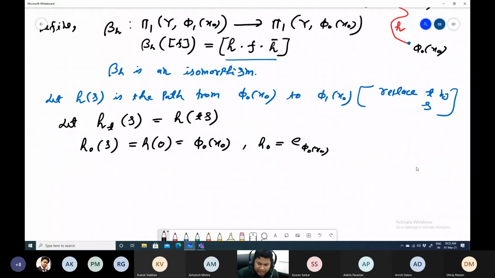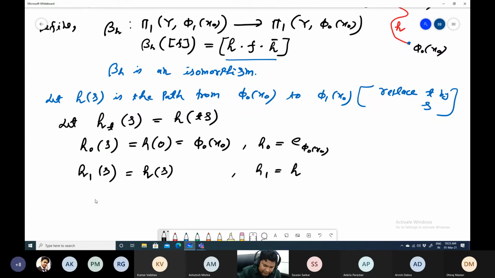That is not h0 of s, it is h0. Now what is my h1 of s? Now h1 of s means you can see that it is h of s. So that means h1 is equal to just h. Okay.